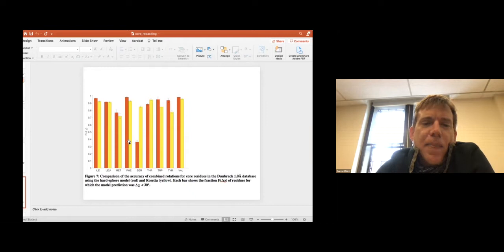And so it's presenting this interesting result that to determine the sidechain conformation of serine, it looks like you do need to consider hydrogen bonding, whereas for threonine, you don't. But for all others, it looks like the dense packing in core residues, these packing constraints, are sufficient to determine sidechain conformation in the cores of proteins.